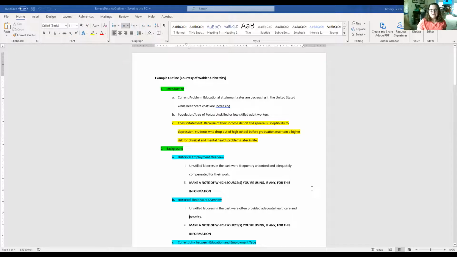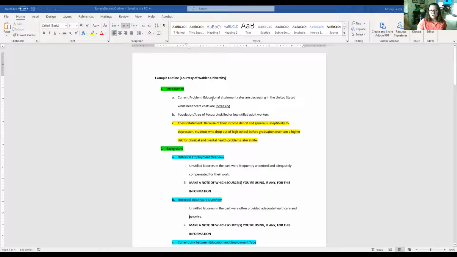So this was the same topic, same main points and everything as the sample scratch outline that we looked at, but we're going to see where the differences are a little bit. All right, so now for our introductory paragraph, remember before we just had introduce topic and thesis statement. Now in a detailed outline, we're going to actually make a note of exactly how we want to introduce the topic.